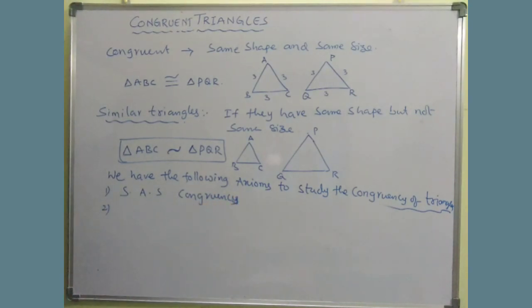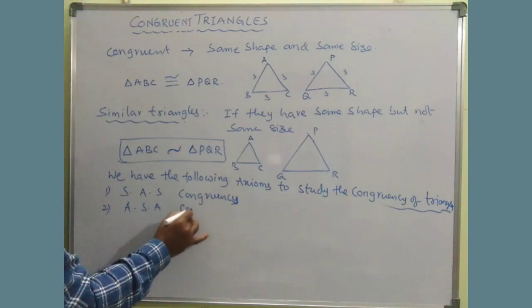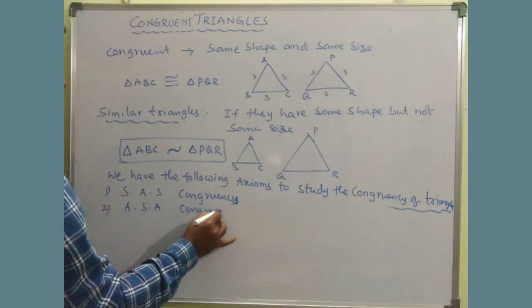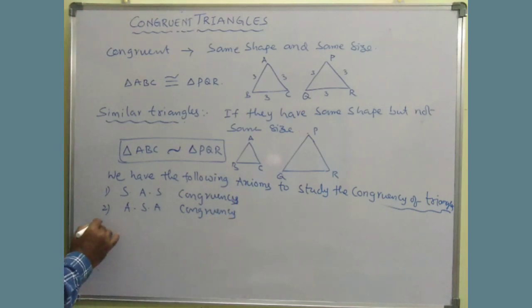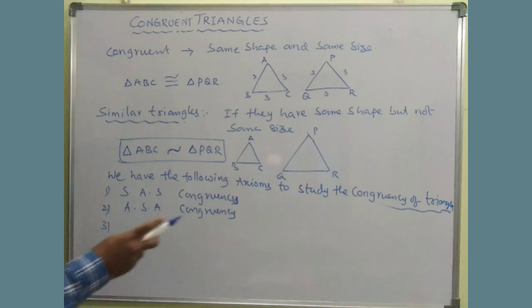Second one, ASA congruency. SAS is nothing but S stands for side, A stands for angle: side, angle, side congruency. Angle, side, angle congruency.